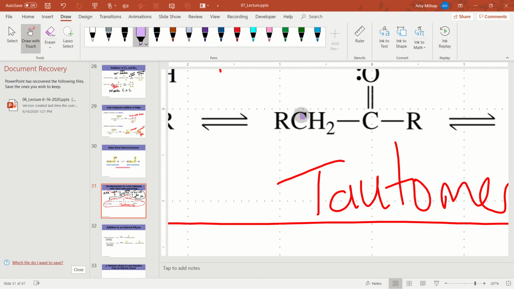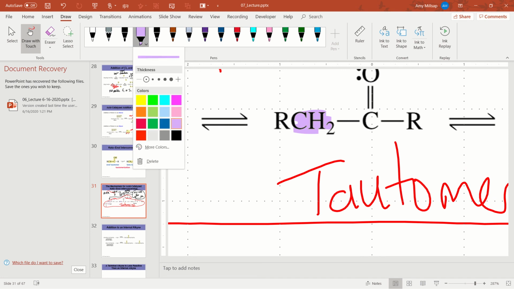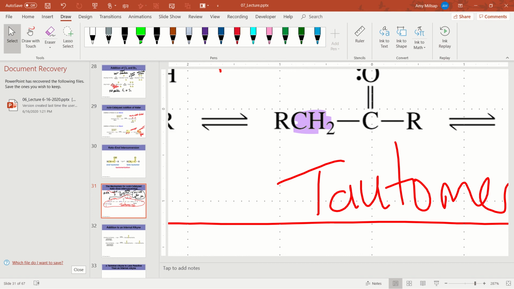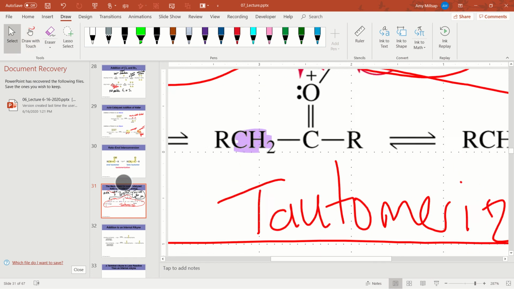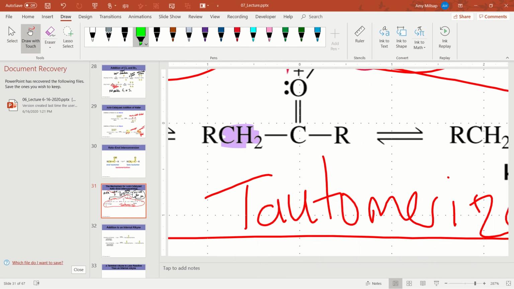So now we have a new hydrogen at this position. And this lone pair in green makes this pi bond to carbon.